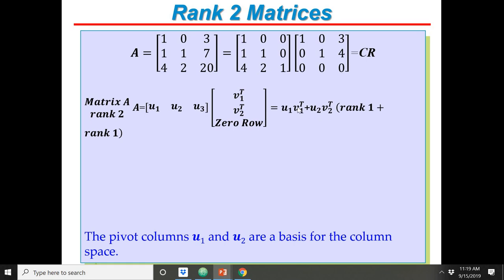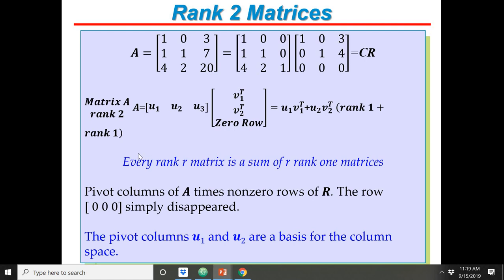And each of these rank 1 matrices is formed with the columns U1 and U2. These are the pivot columns, the independent columns of the matrix A, and V1 and V2 are the independent rows of R. This is an amazing result, right?